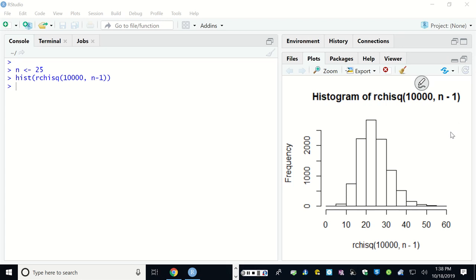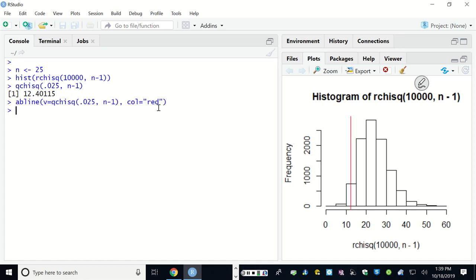I can find the lower and upper cutoffs for any chi-square. The 0.025 quantile, with 24 degrees of freedom, is 12.4. Let's draw a vertical line at that and make it red. All right, so there's that line.